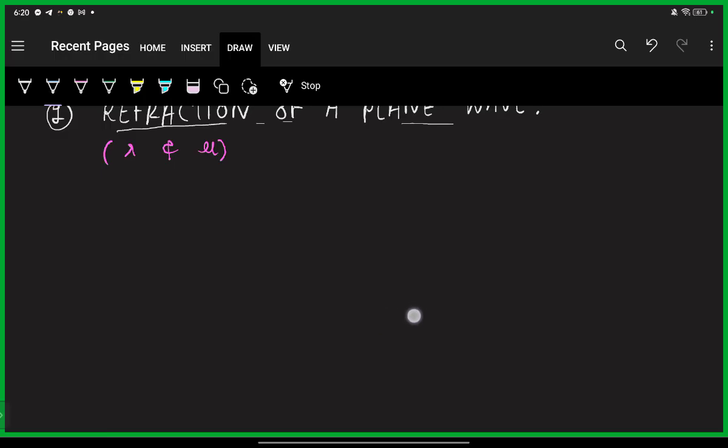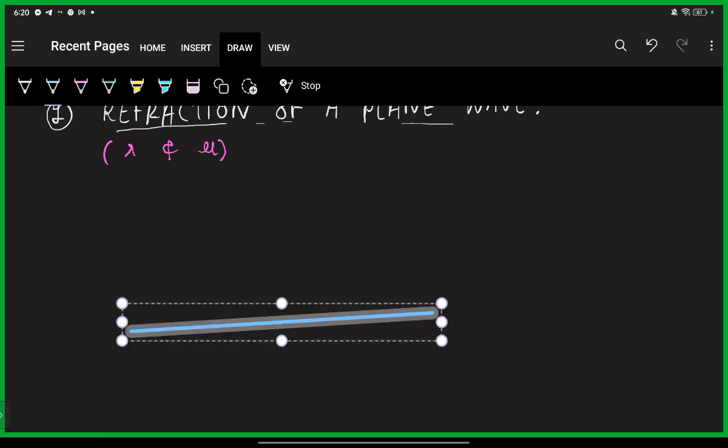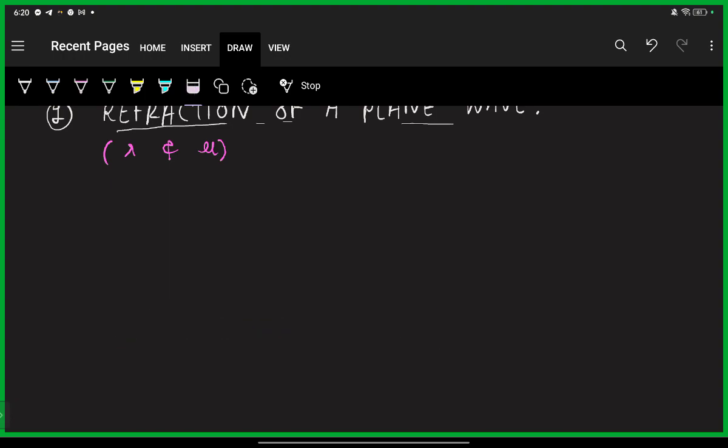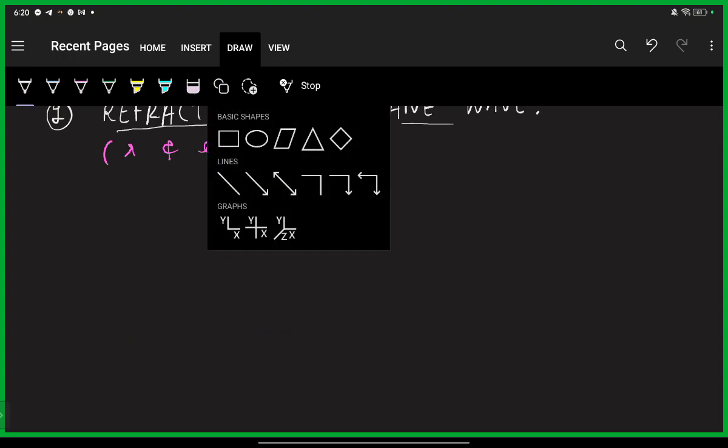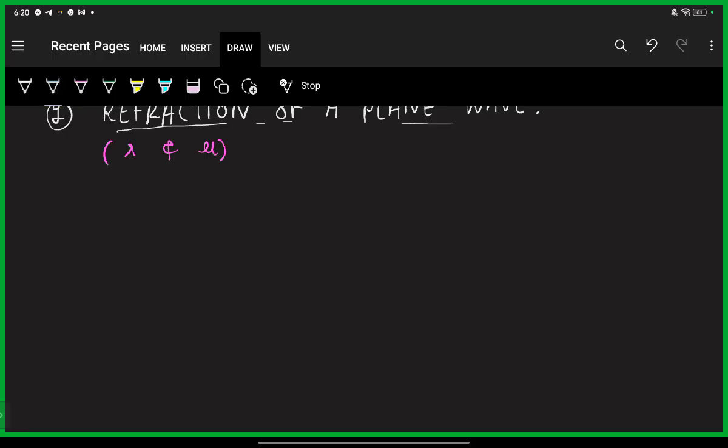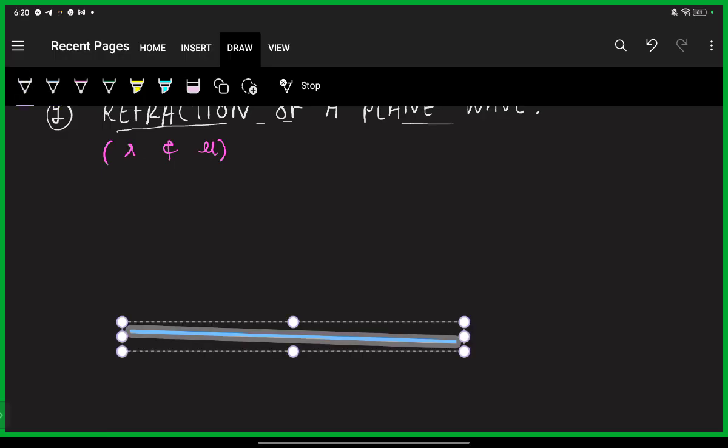So this is our surface. Here, let's say it's a glass medium or any denser medium.